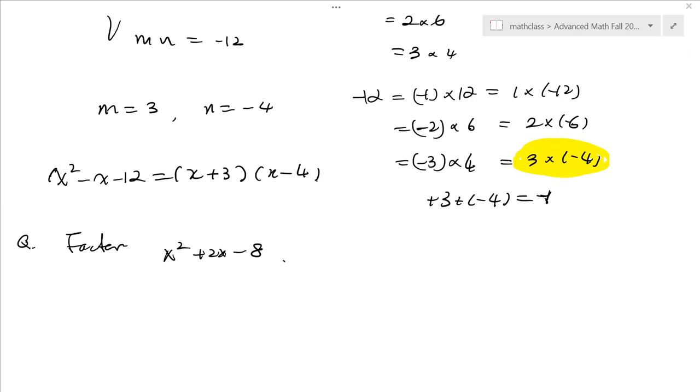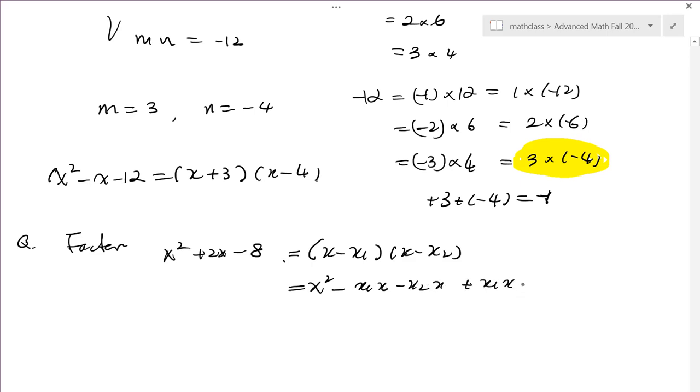Can you try this? We have to express it in the form x minus x1, x minus x2. If you use a negative sign, that means x squared minus x1x minus x2x plus x1x2.